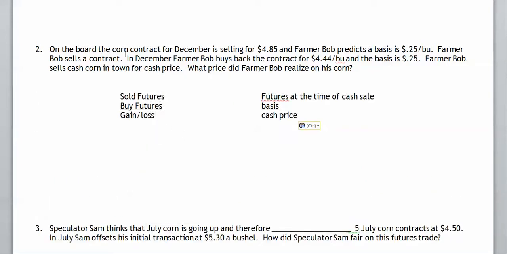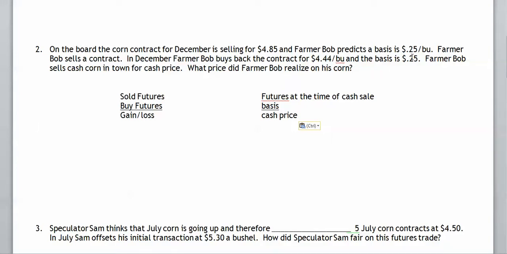On the board, the contract for December is selling for $4.85 a bushel, and Farmer Bob predicts a basis of 25 cents. Well, all that predicted basis does is help us predict what our hedge price is. It has no effect on what our actual hedge price is. In this example, we predicted correctly and our ending basis is in fact 25 cents.